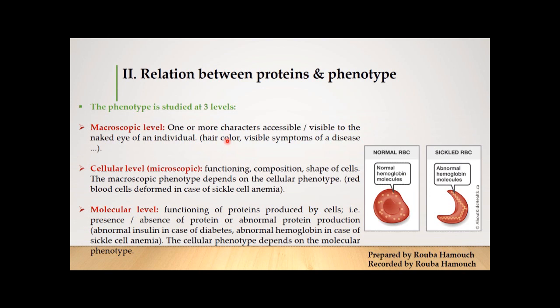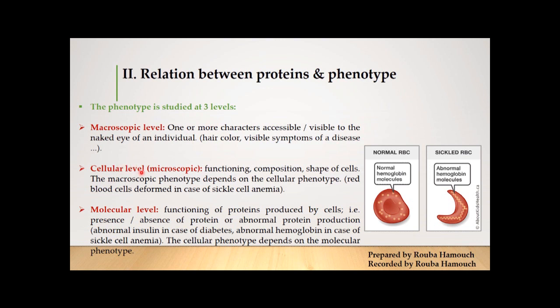Example, the hair color, the eye color, the ear form, and the visible symptoms of a disease, etc. Now, this macroscopic level is affected by the cellular level or the microscopic level, not visible to the naked eye.